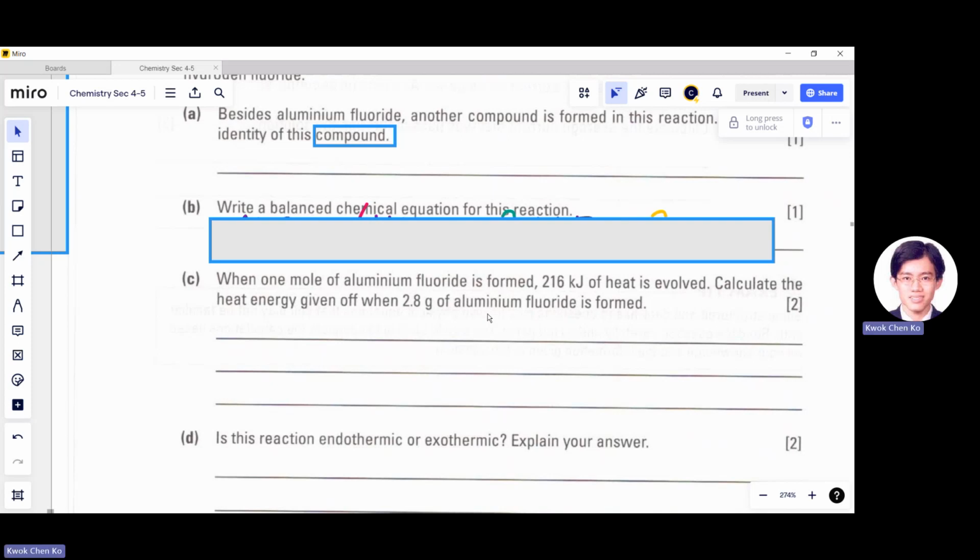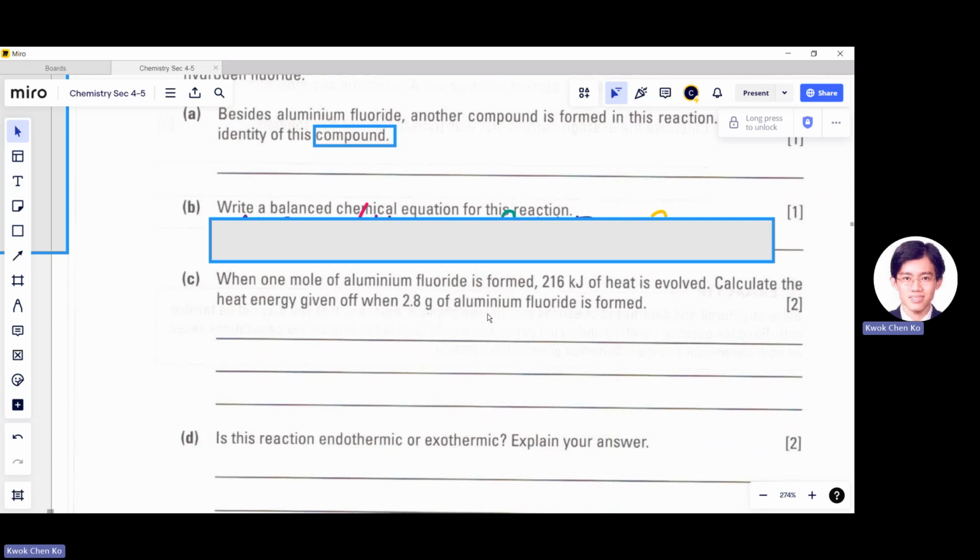Oh, don't be careless. Do you notice this thing here? Evolve means what? Increase, gain, absorb? Evolve means release. You better write it down in your English vocabulary. Yeah, they may use this word. Release, okay, so release is exo.